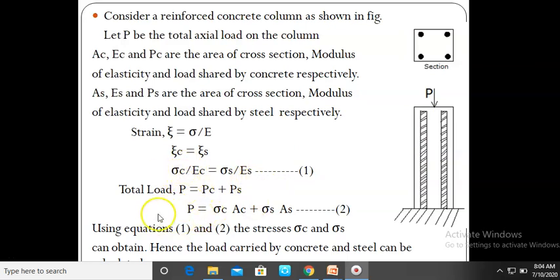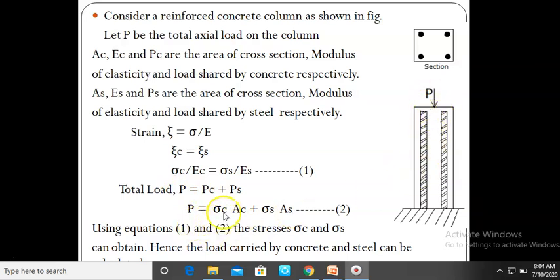The next part: the total load P is equal to PC plus PS. PC is the load carried by the concrete portion, and PS is the load carried by the steel portion. The sum of these two is the total force acting on this column.